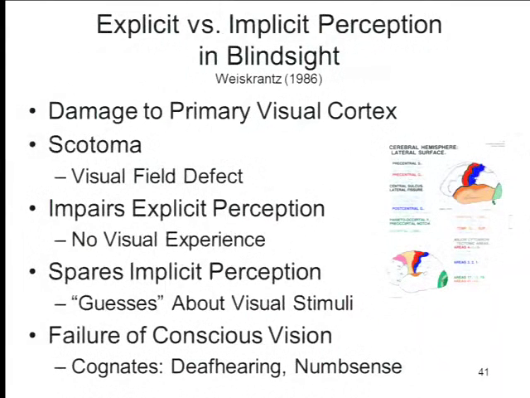Something similar can be said about a phenomenon known as blind sight, studied by Lawrence Weiskrantz and his associates in England. These are patients, there is more than one of them, with damage to primary visual cortex, maybe not complete damage, but still quite a bit of damage, that causes what the neurologists call a scotoma, a portion of the visual field which simply is blank.